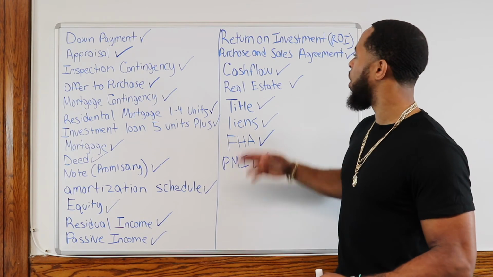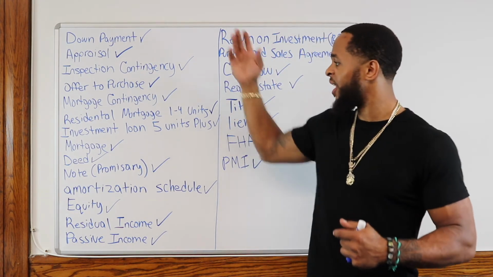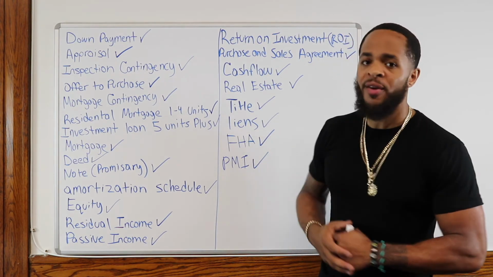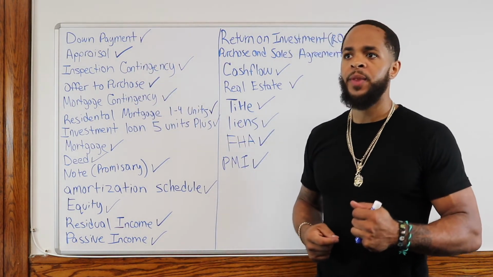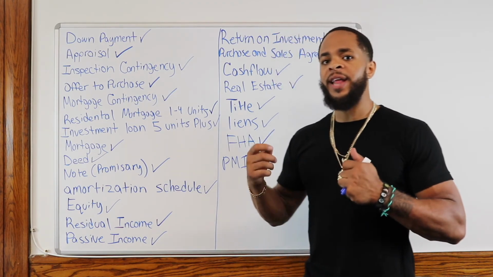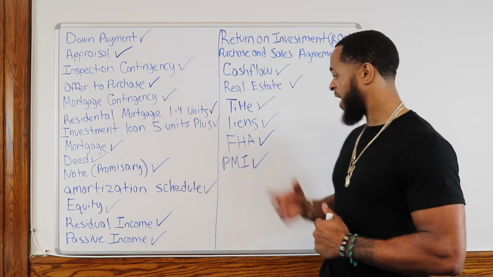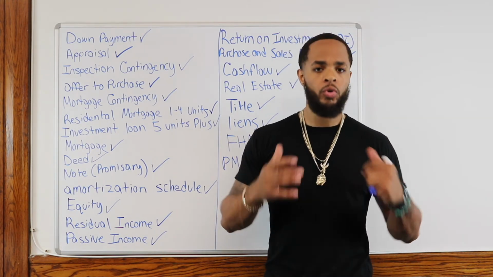Let me give you an example on return on investment. You purchase a property with an FHA loan, and you put down a 3.5% down payment. Let me give you some real numbers here. The property costs $100,000. You put down a down payment of 3.5% and use the FHA loan, so you put down $3,500. Cool.